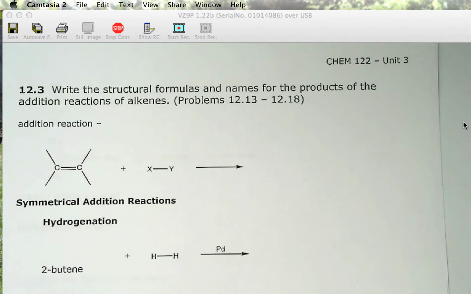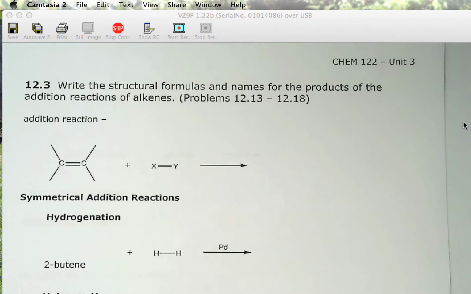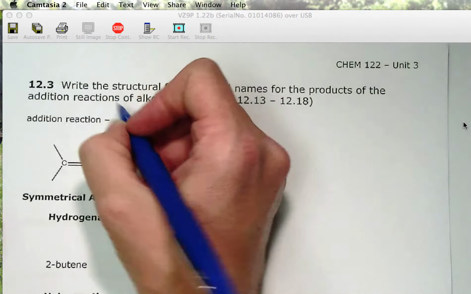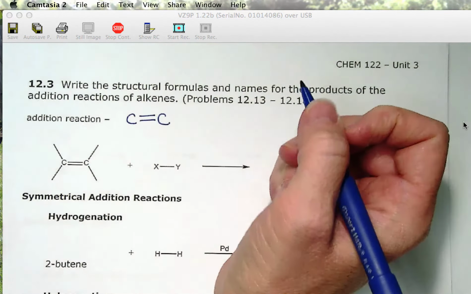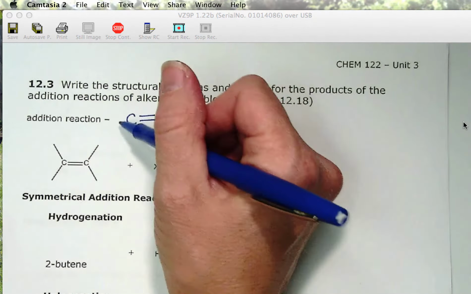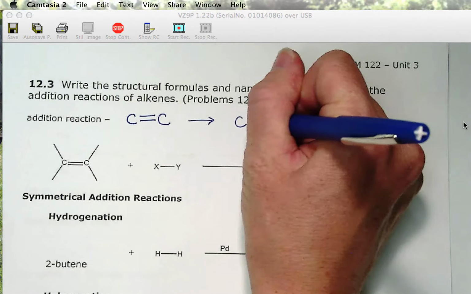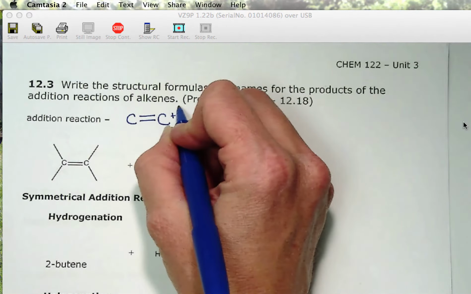So the next part of this unit, we talk about addition reactions. Addition reactions involve alkenes going to alkanes. The main thing is your double bond, whether it be cis or trans, goes to a single bond, but you've added something.